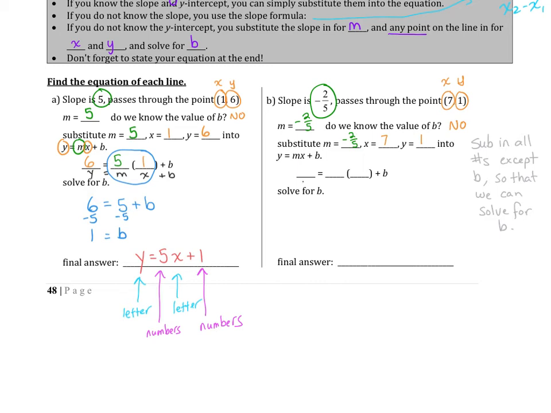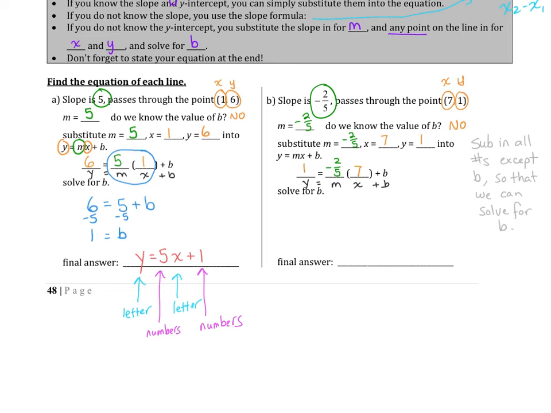And you want to remember this is y equals mx plus b. All right, so the y is 1. The m is -2 over 5. The x is 7. And then we don't substitute anything in for the b.